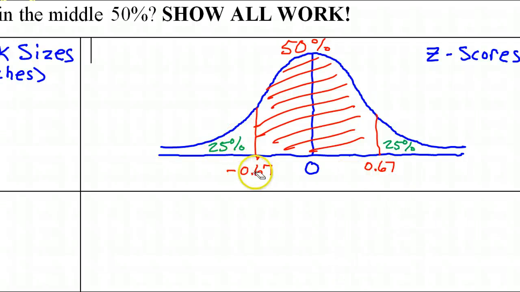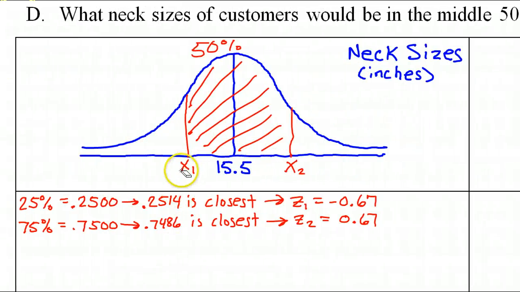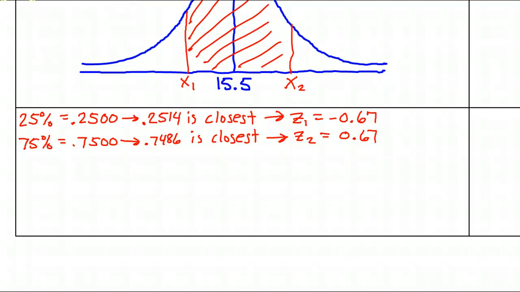So we have these z-scores. Now we need to do a calculation to turn these z-scores into next sizes. We are going to use the same equation that we've been using. Let me just draw a line.